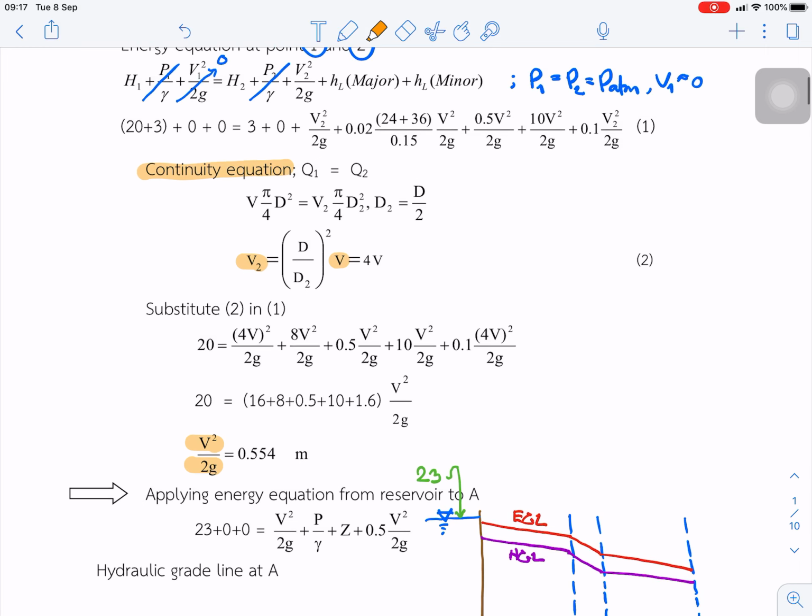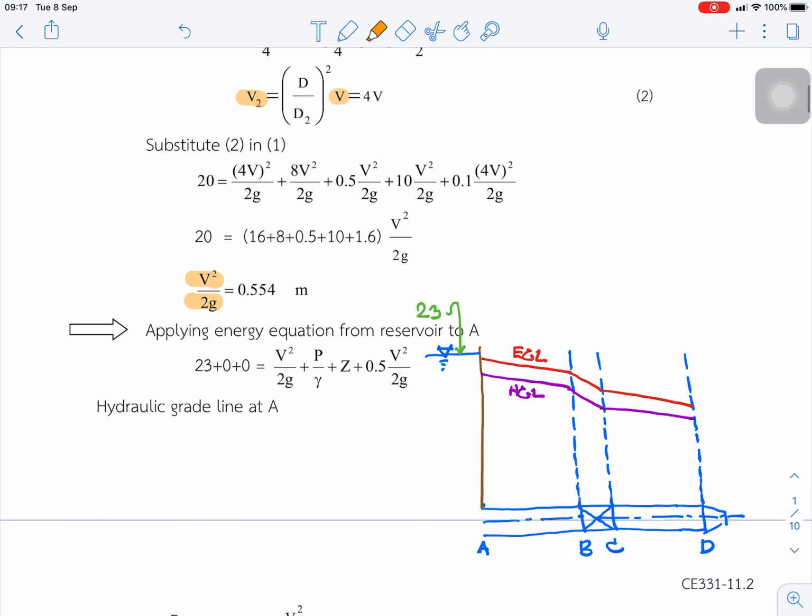Next step, we apply the energy equation from the reservoir to point A. Point A is immediately under the pipe.